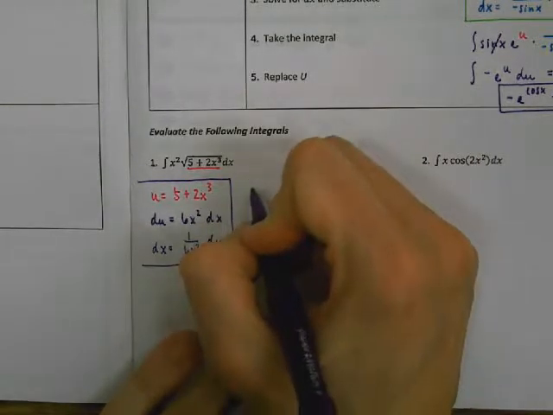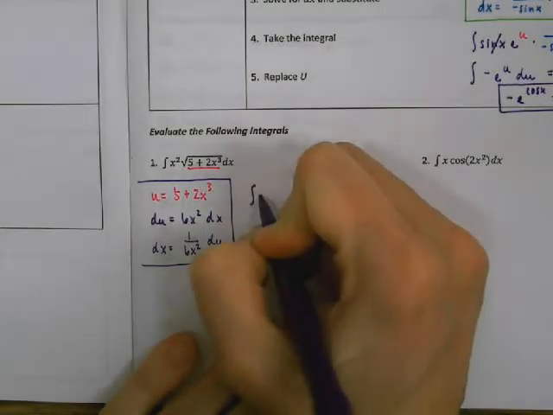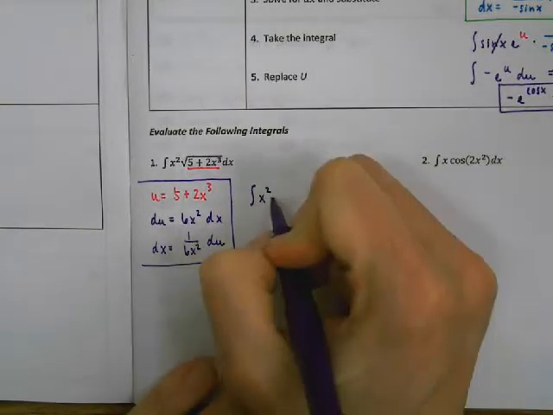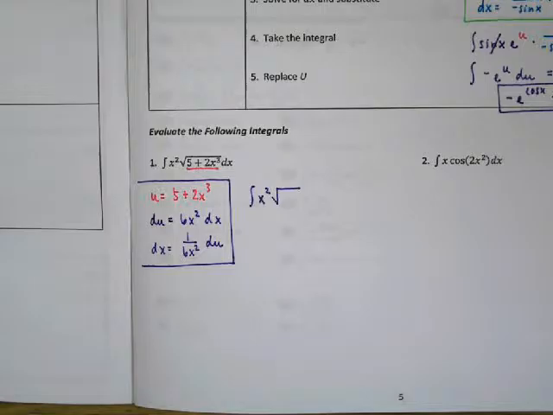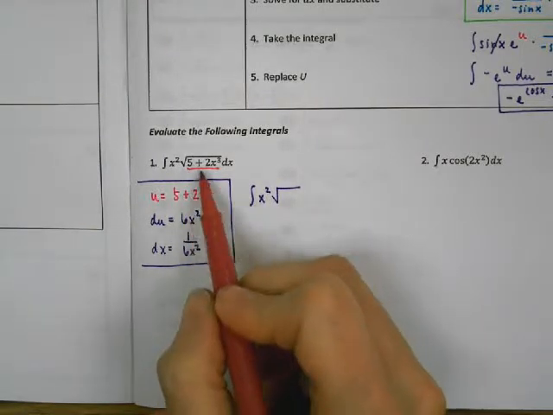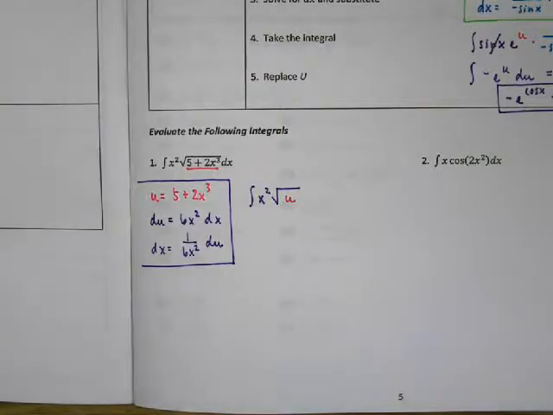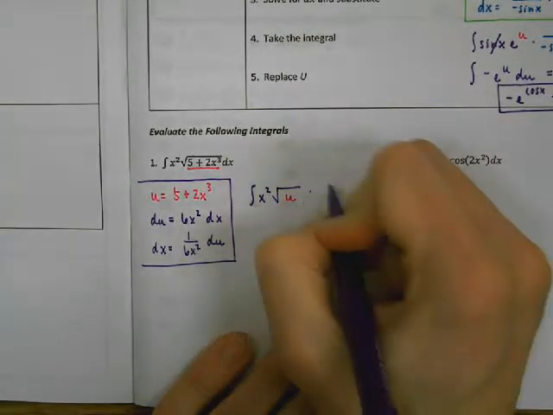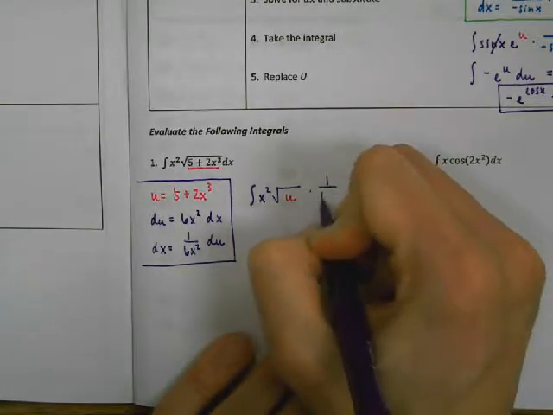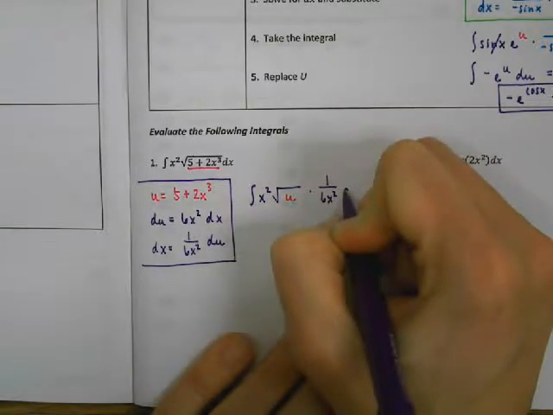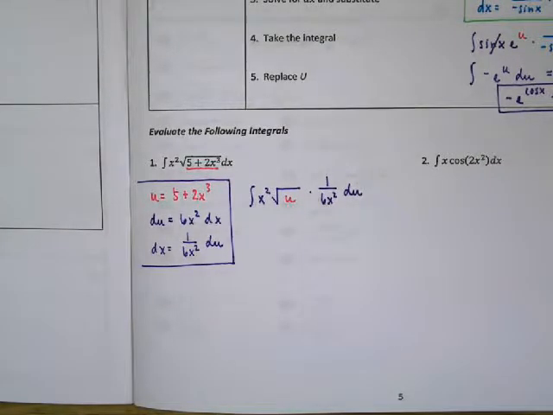So now I have the integral x squared times the square root, and now we're going to substitute for our 5 plus 2x cubed. We said that was u, and dx is 1 over 6x squared times du. And again, we're looking for those x's to drop out.